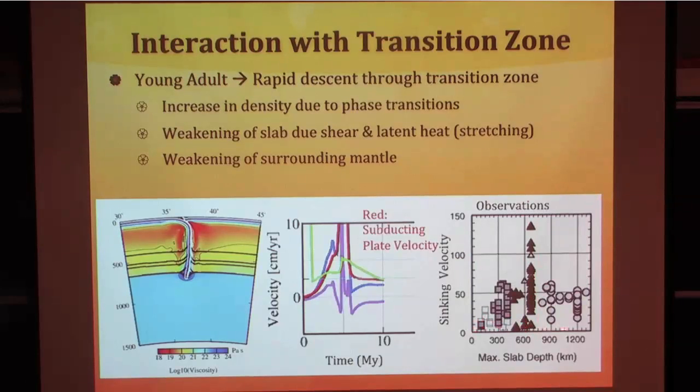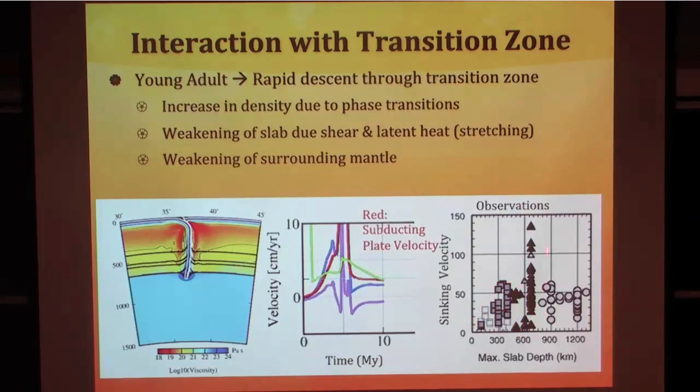This is maximum slab depth versus sinking velocity. And what you can see is that for slabs that go into the lower mantle, there's sort of a maximum sinking velocity in the upper mantle of about 50 millimeters per year, so about 5 centimeters per year. And shorter slabs are basically going up to that level.